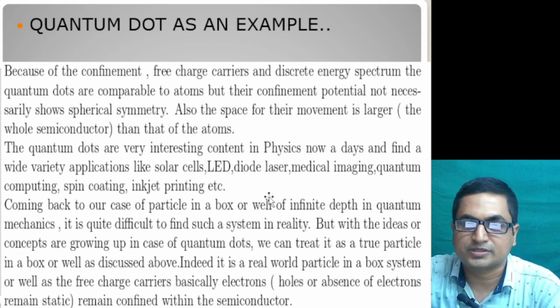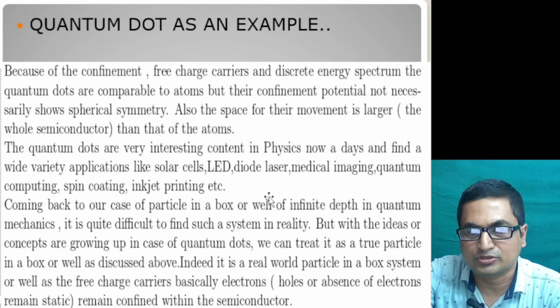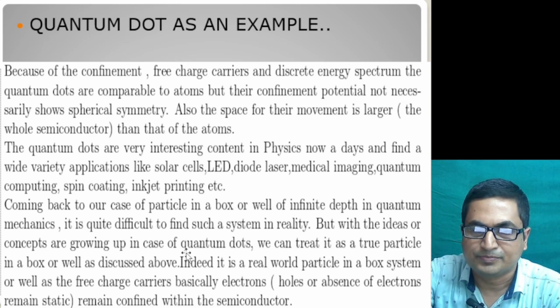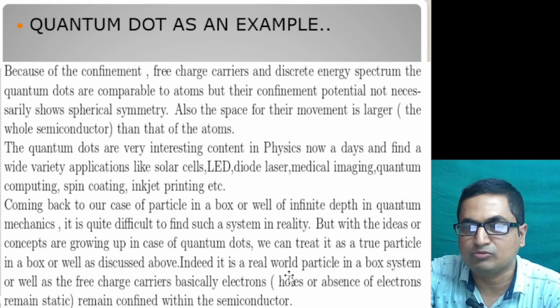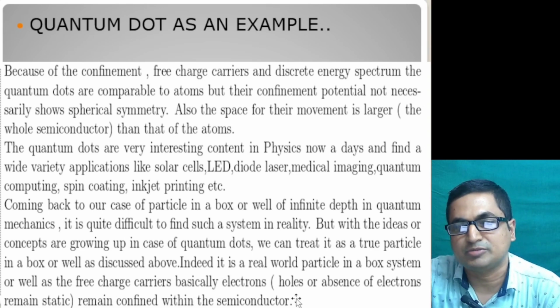So let's now understand the case of a particle in a box in terms of quantum dots. We can treat this as a real world particle in a box system, with free charge carriers, basically electrons, remaining confined within the semiconductor.